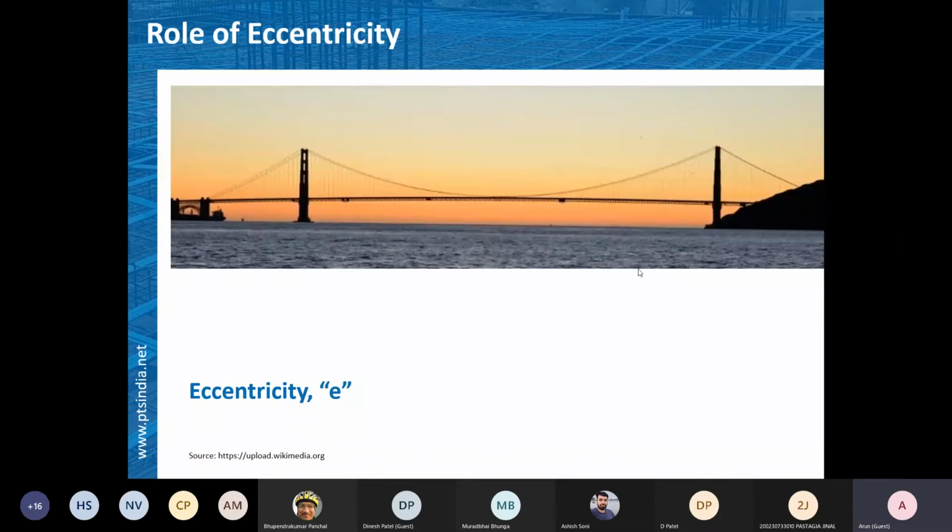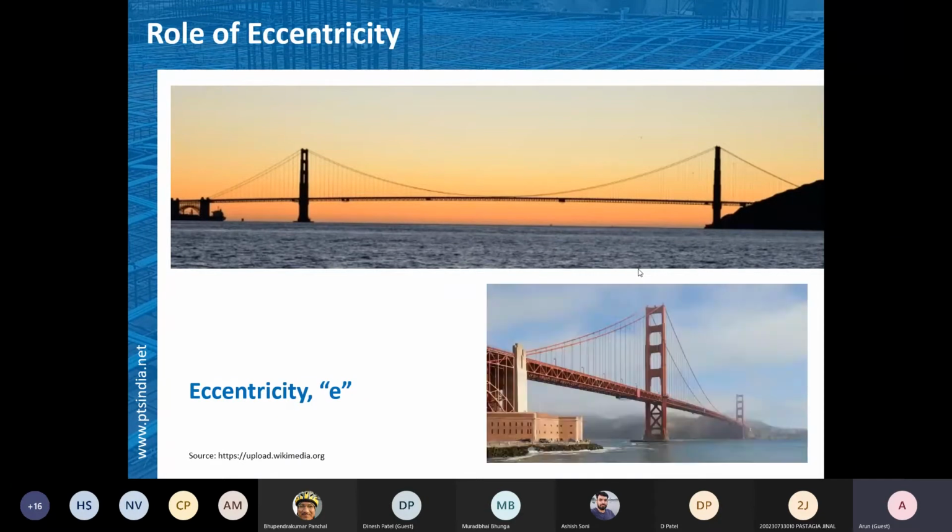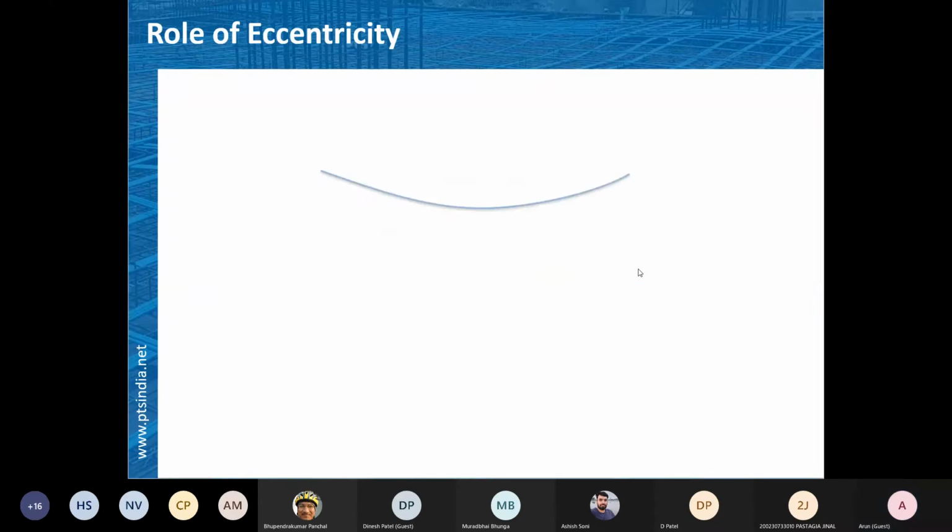This is a well-known bridge in California, USA, the Golden Gate Bridge, and this is one of its very popular views. Now, I would like to highlight the dimensional aspects of this bridge.